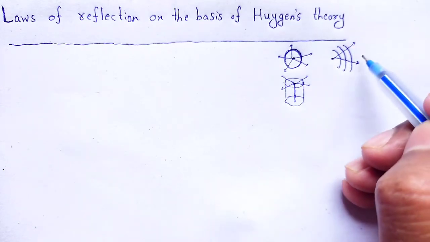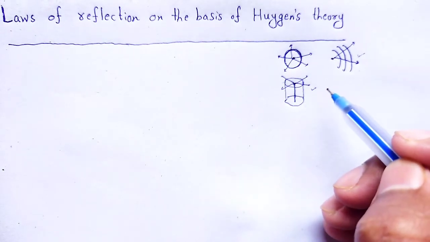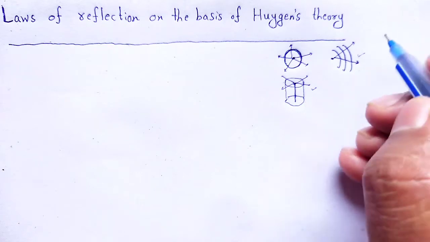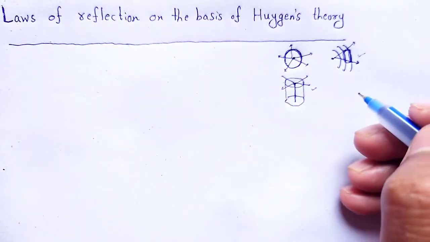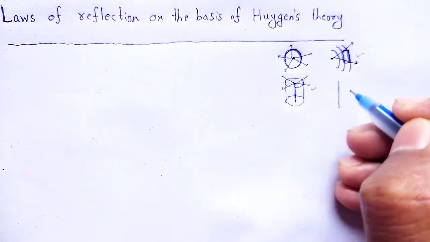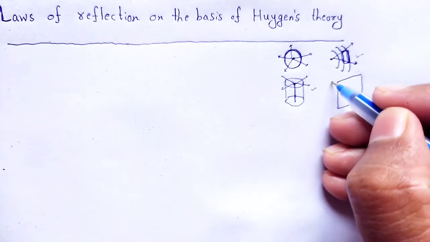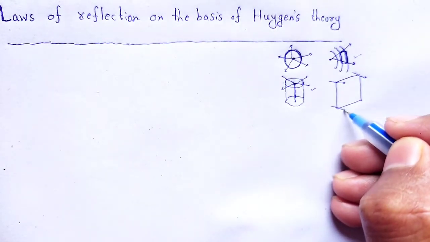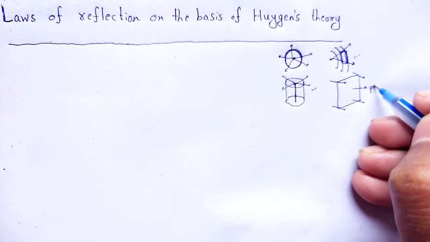Either spherical wavefront or cylindrical wavefront, when we look at that segment from a large distance, it is seen to be just like this, which is known as the plane wavefront.